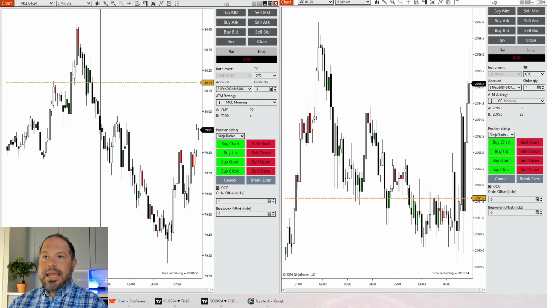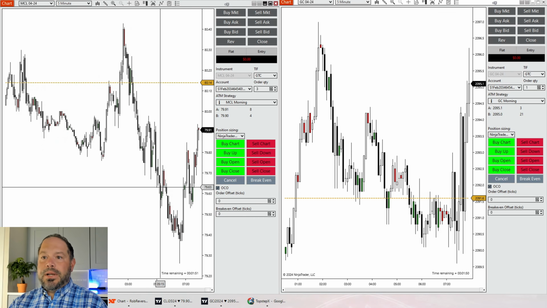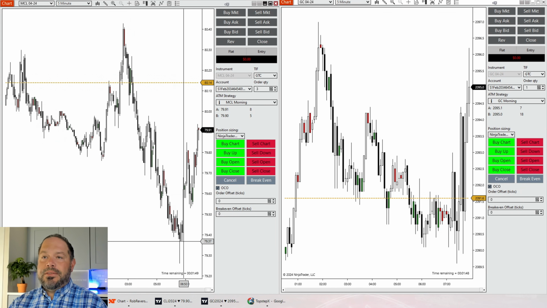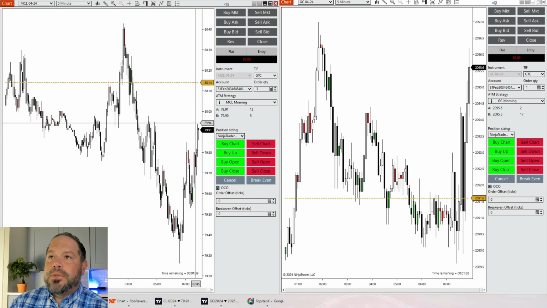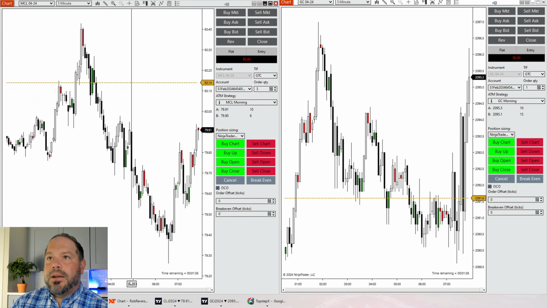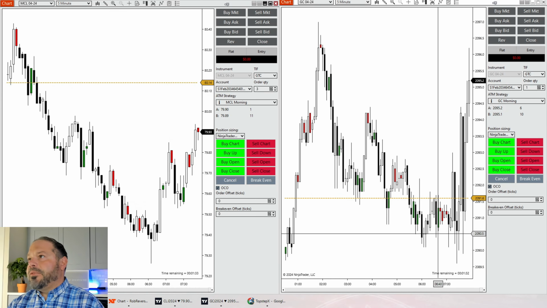If we take a look at oil, oil has been pretty much in a downtrend all this morning, and just recently, let's see if it can break. If it can break here and start a new leg up, we'll see how price action responds to that. But overall, I'd say a downtrend type of market.